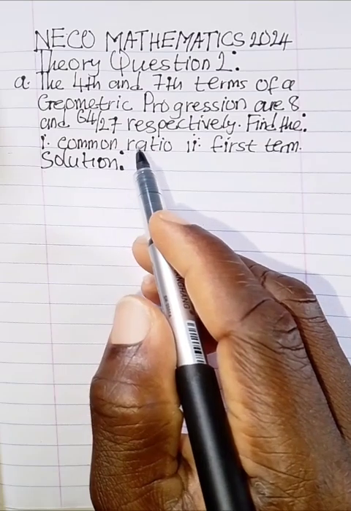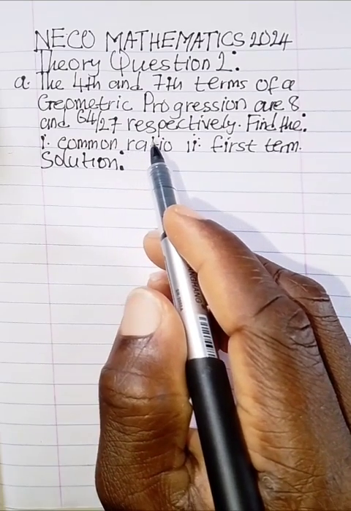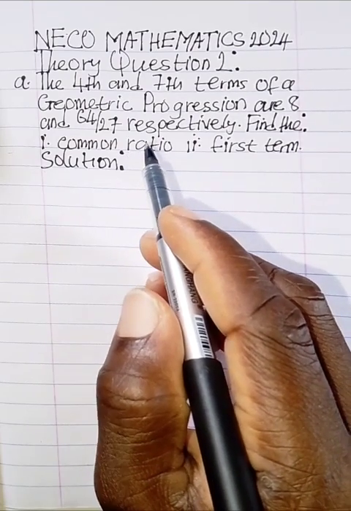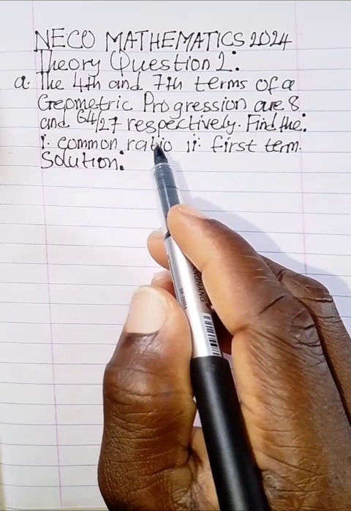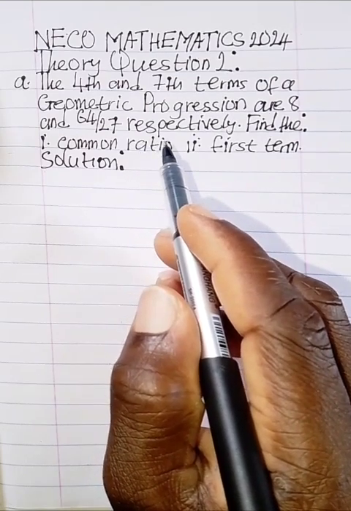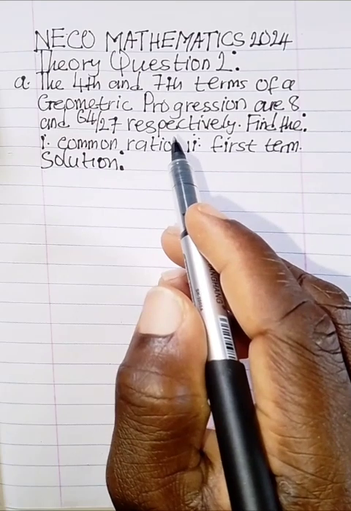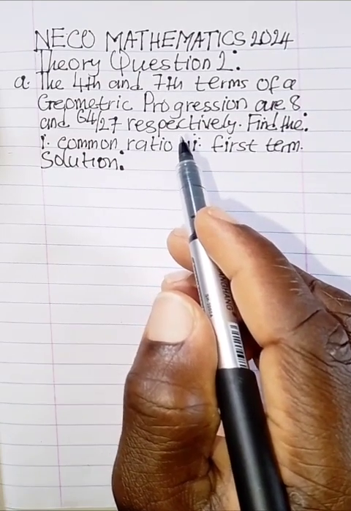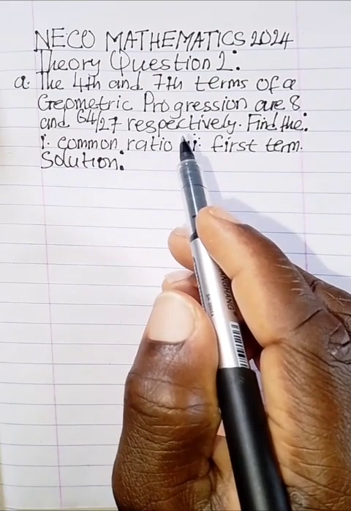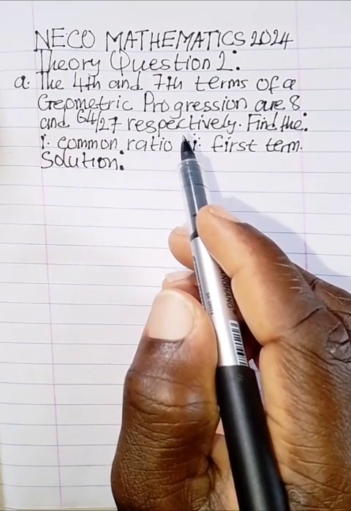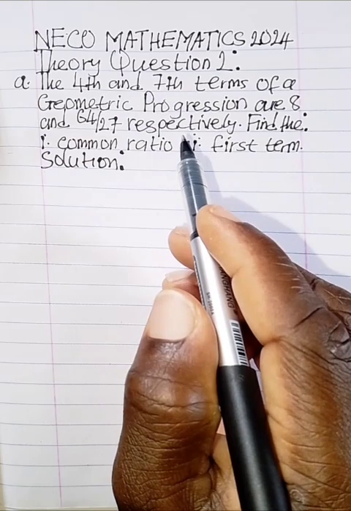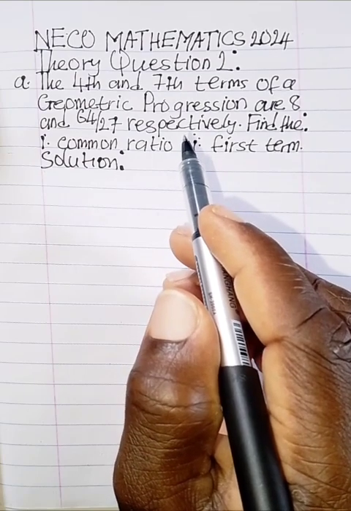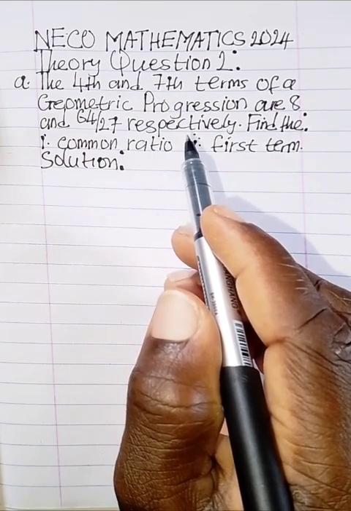Solution. You have to note that anytime you are to find the common ratio and first term together in any geometric progression problem, it will lead to a system of equations. The system is always non-linear.